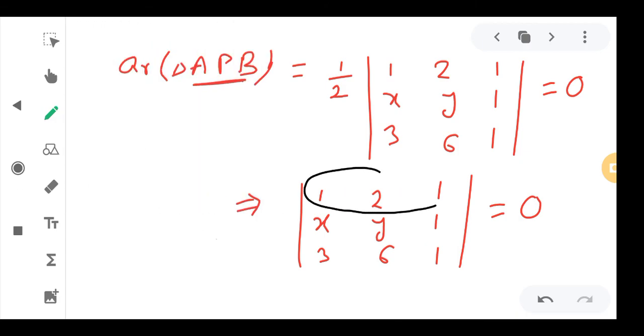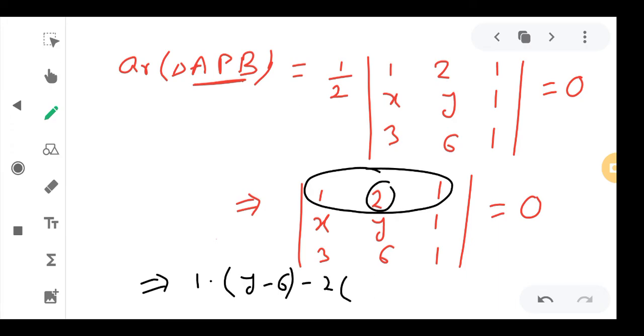Expanding through R1, this will be 1 into (y minus 6), minus 2 into (x minus 3), plus 1 into (6x minus 3y), equal to 0.